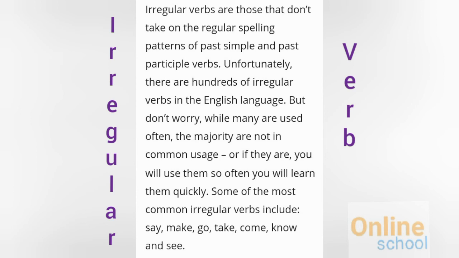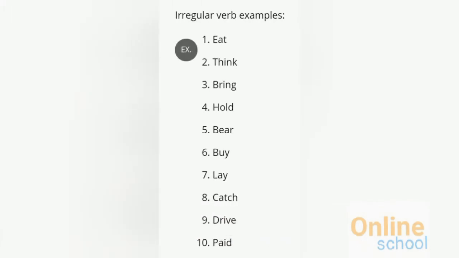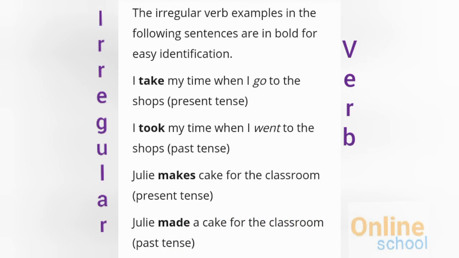Some of the most common irregular verbs include say, make, go, take, come, know, and see. Examples of irregular verbs: eat, think, bring, hold, bear, buy, lay, cash, drive, pay, etc. Remember, irregular verbs are also known as strong verbs.